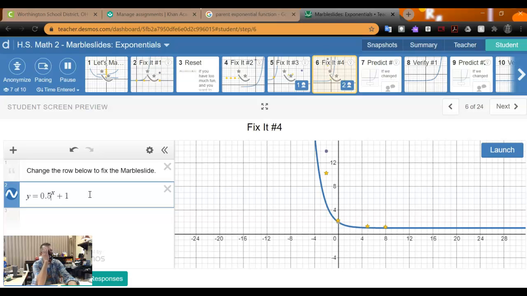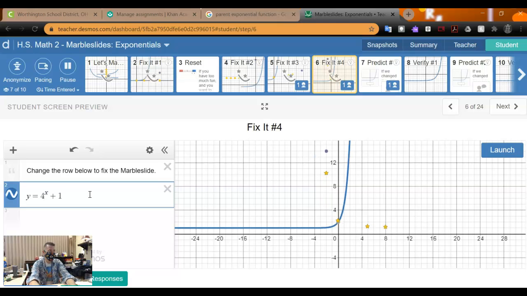Wait, what? Why? Hold on. Wait, that's a positive. We said negatives flipped over the x-axis. Wait, so this started at like 4, right? If I made that it flips the y-axis.